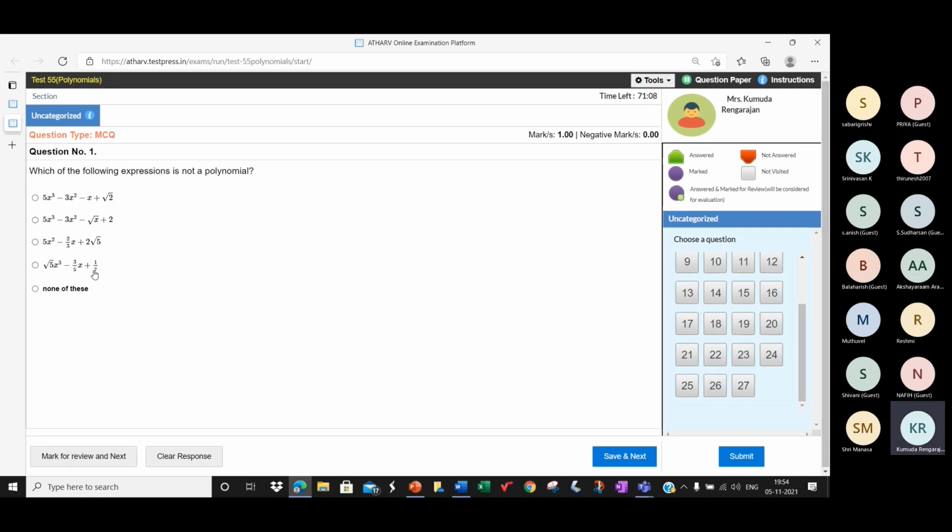See now the last expression, root 5x cubed. The variable there.